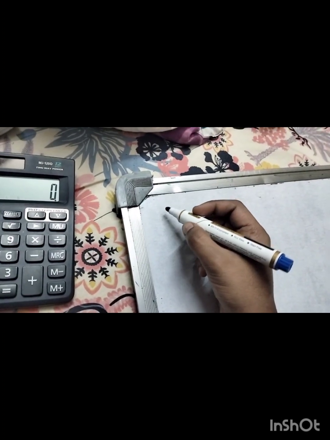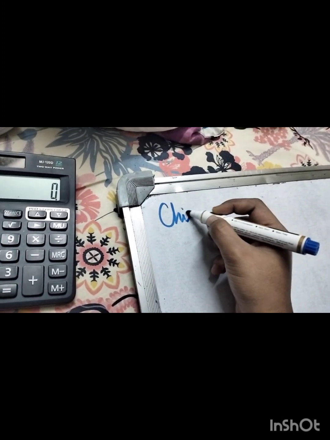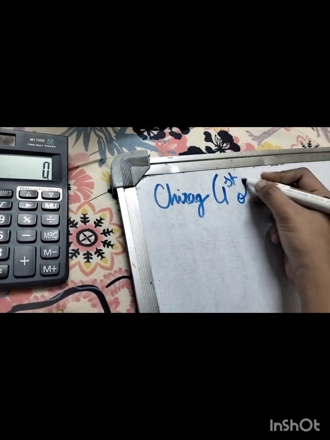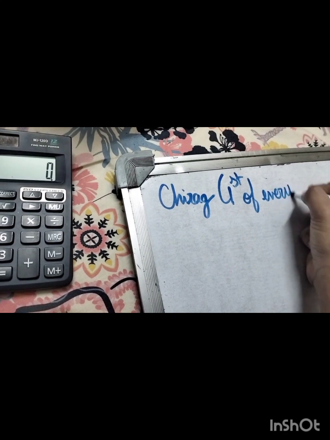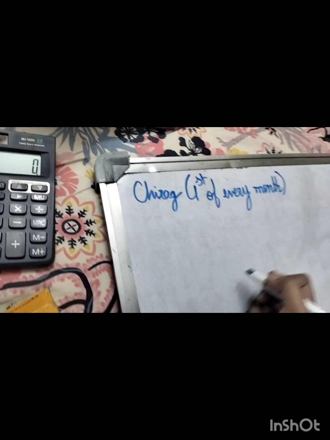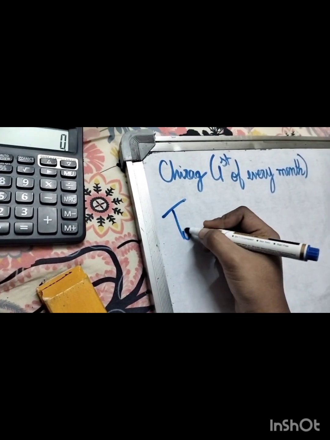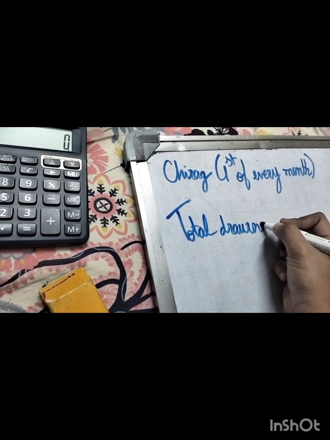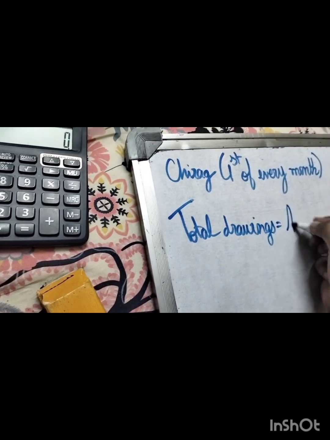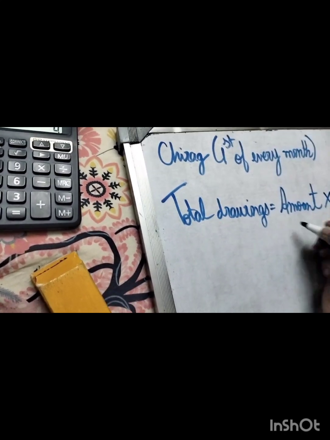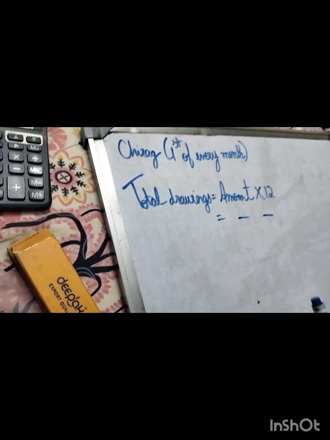Give me 1 minute. Okay, so you write, first of every month. Next you write total drawings is equal to amount into 12, and then you substitute the values whatever it is.